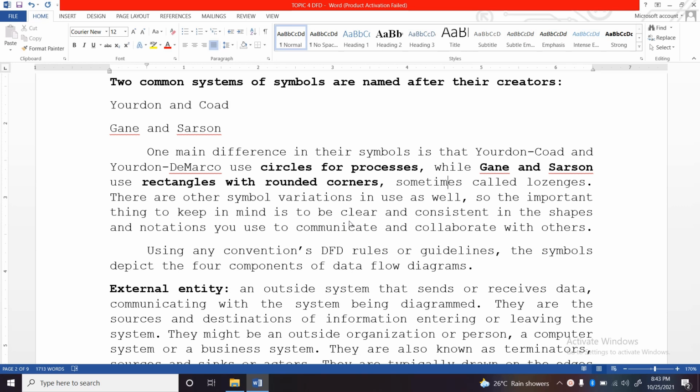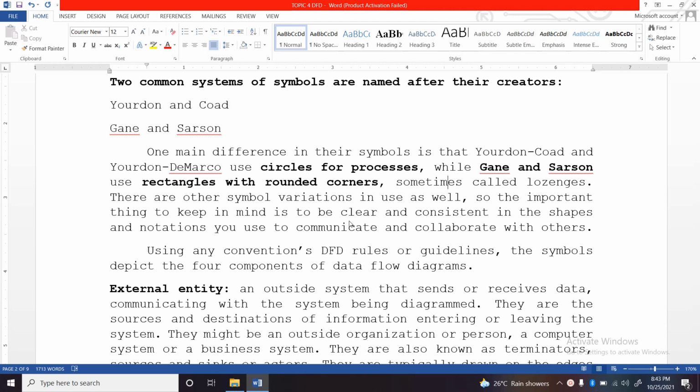Since we have two main types of notations, these two also use different symbols to represent the data flow diagram. So you only need to choose one. You need not use both main types of notation, so that the audience or your client later on will not be confused.